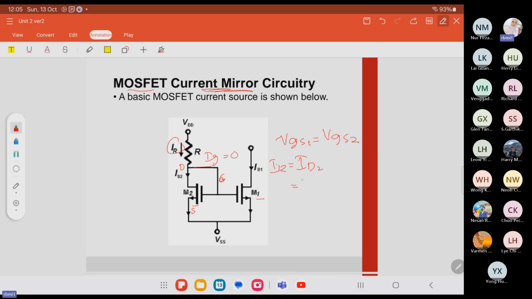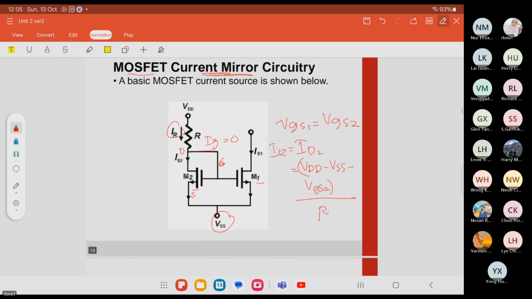And this one equals VDD minus VSS, we have the value, minus VGS2, the whole thing over R, if we do the KVL.